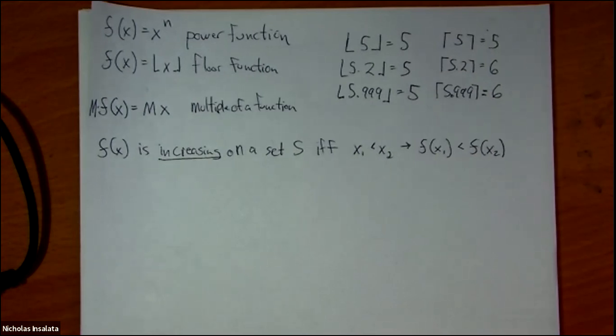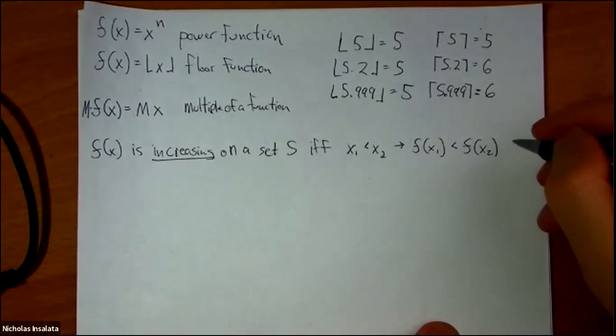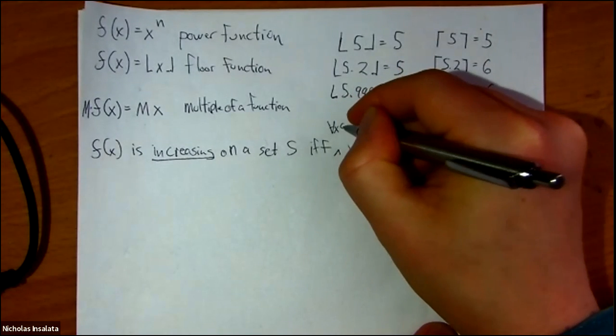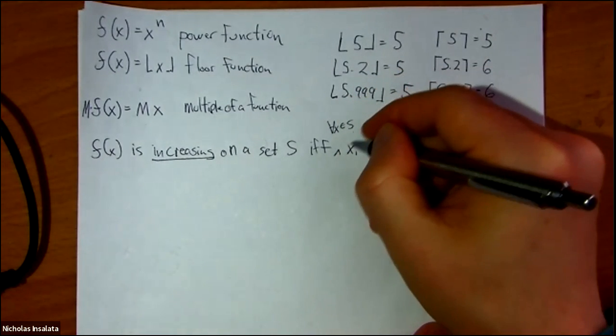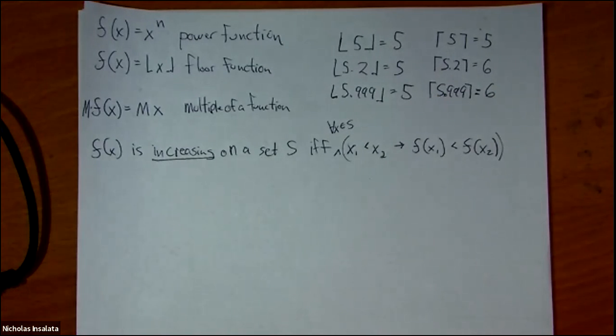Okay. So let's pause there. Sorry, I should have said for all x in S. So sorry, this should have gone at the beginning, pardon me. For all x in S. Right, because it's only on this set S, right?